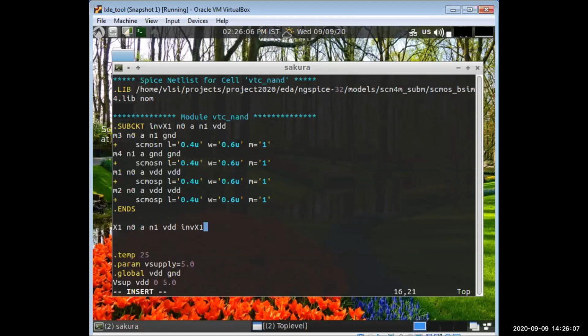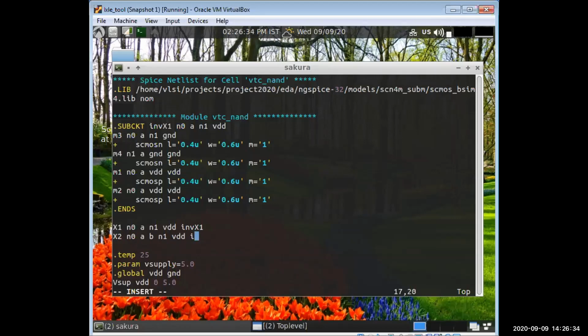Now we have done this for the case where A and B are both the same and they're flipping from 0 to 1. Let's write another 2 cases and we will comment it. After that, we will see the performance comparison of the 3. So X2, N0, A, B, N1 and VDD.